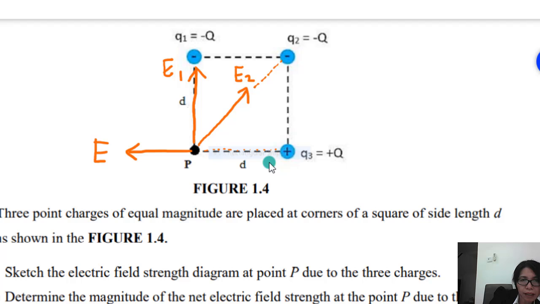So this one is E3. From here, out of charge Q3, heading to point P. So this is the 3 electric field vectors at point P.